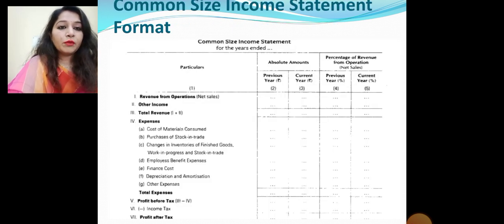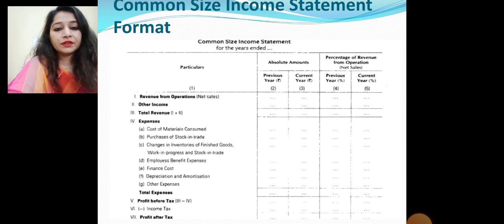This is the pro forma of common size income statement. Particular, absolute amount, previous year and current year, then percentage of revenue from operation, previous year percentage, current year percentage. This is the pro forma. And same, revenue from operation, that is net sales. Other income, third point is total of revenue. Fourth point is all the expenses, direct and indirect expenses, and total of expenses.